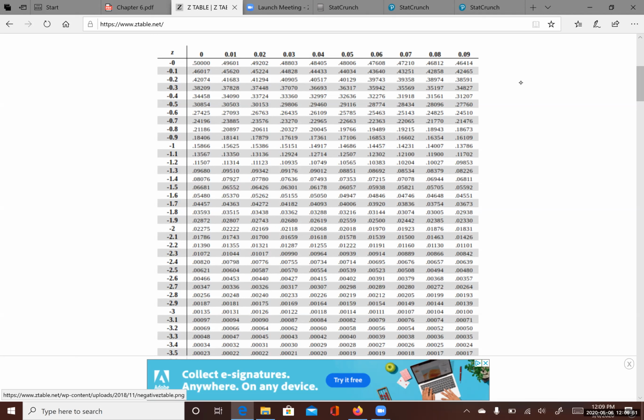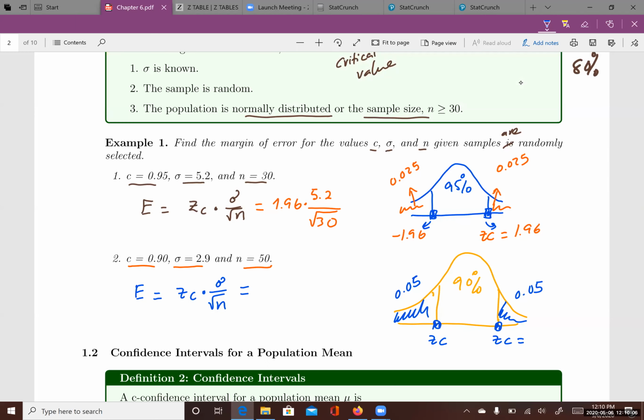And remember that we talked about this. So 0.05 is this area, and it's going to be the average of these two values. So it was 1.645. So you say 1.645 times 2.9 divided by the square root of 50.